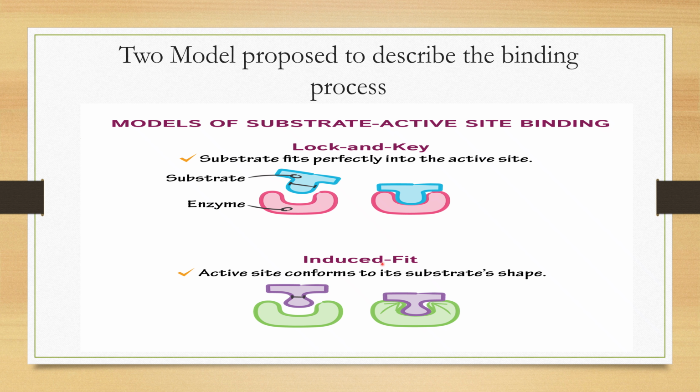So the induced fit model shows that the enzyme undergoes conformational changes when your substrate binds, while the lock and key model states that the enzyme does not undergo any conformational changes as your substrate binds. So these are the two models proposed for how your enzyme binds to your substrate to form the enzyme substrate complex.